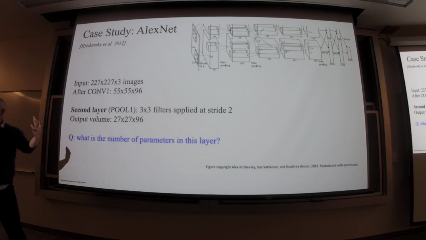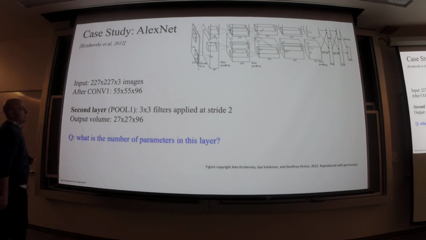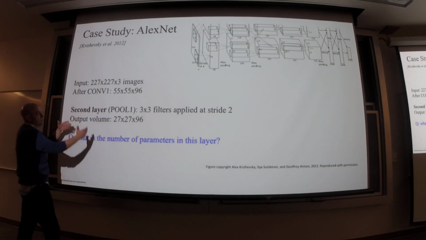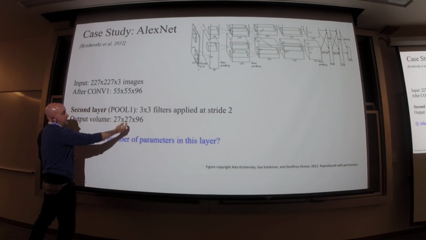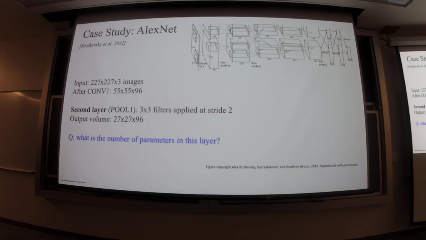We do have a lot more depth because we chose so many filters, and that's good. This is what this is all about. You're learning a bunch of different spatial statistics of these images. And then we do the pooling in this 3 by 3 way. So now we go even smaller to 27 by 27, but we haven't changed the number of channels. We're doing that at each channel. So the question here is how many? Yeah, you have a question before that?